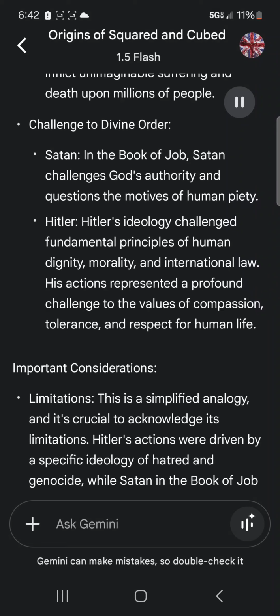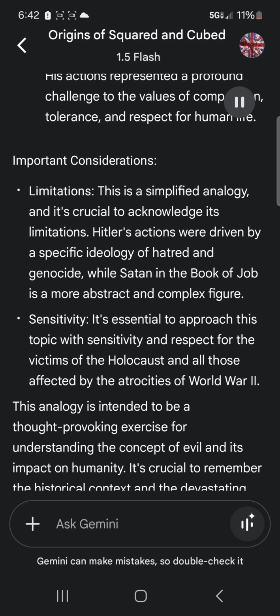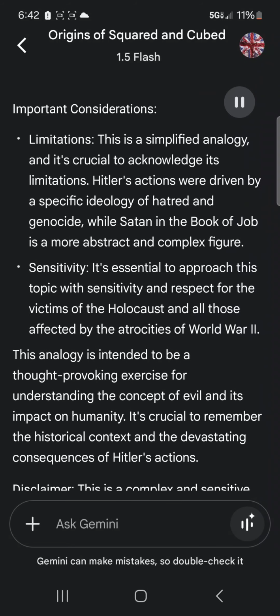Hitler's ideology challenged fundamental principles of human dignity, morality, and international law. His actions represented a profound challenge to the values of compassion, tolerance, and respect for human life. Important considerations. Limitations. This is a simplified analogy, and it's crucial to acknowledge its limitations. Hitler's actions were driven by a specific ideology of hatred and genocide, while Satan in the book of Job is a more abstract and complex figure.